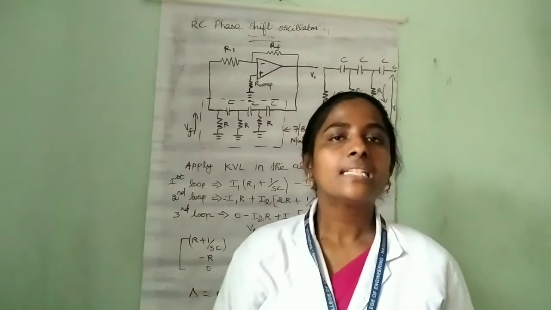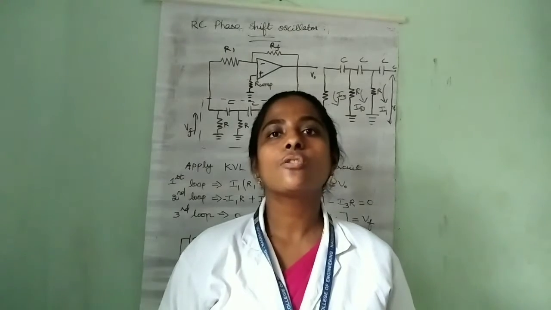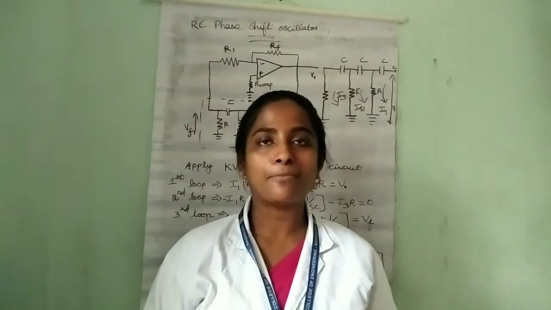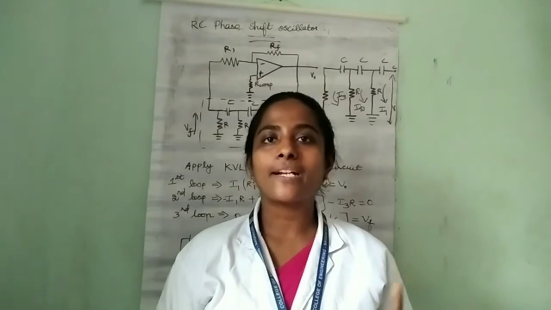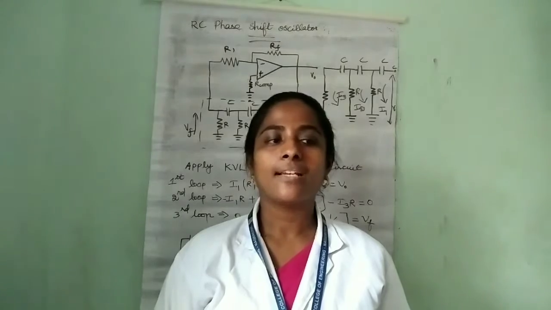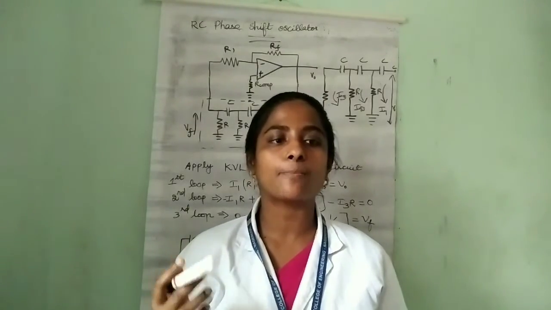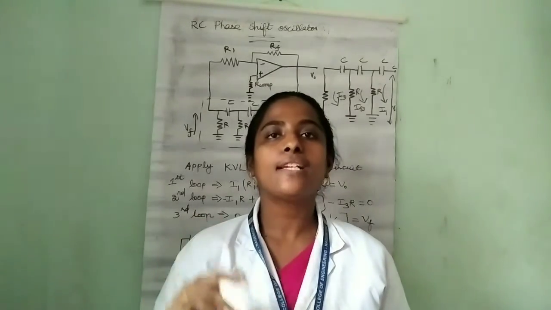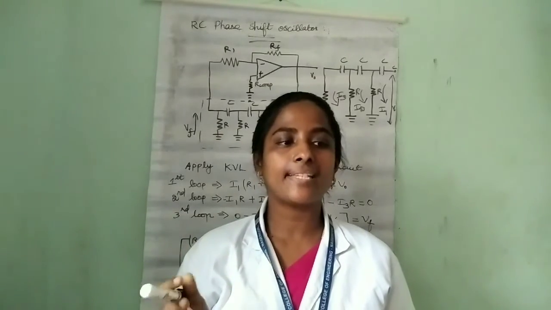Here the op-amp is used in the inverting mode to produce a 180-degree phase shift, and the other additional 180-degree phase shift is provided by the feedback RC network. So the total phase shift is 360 degrees.